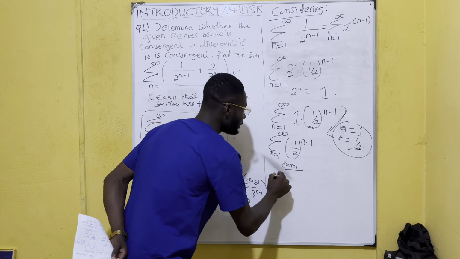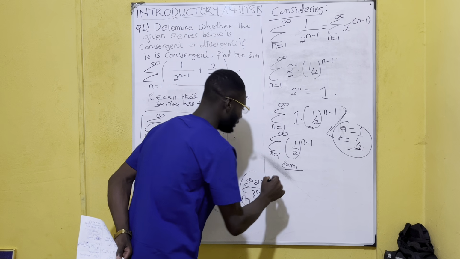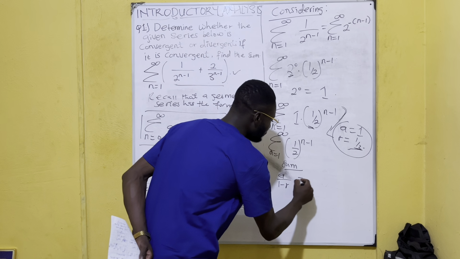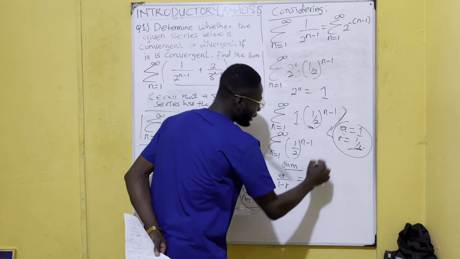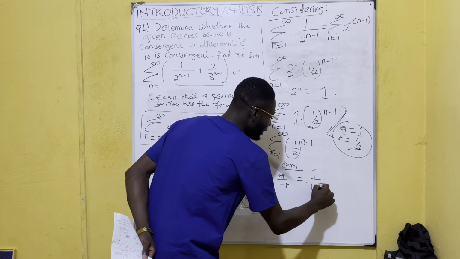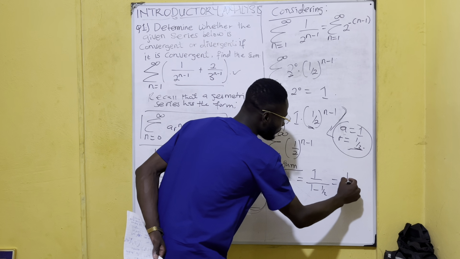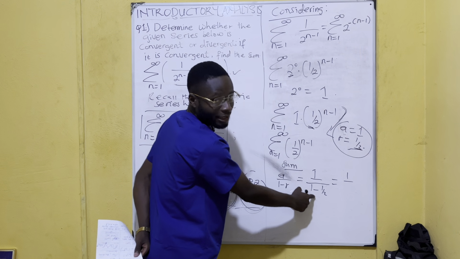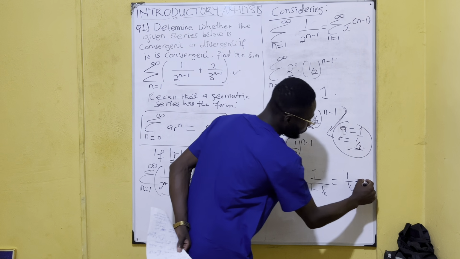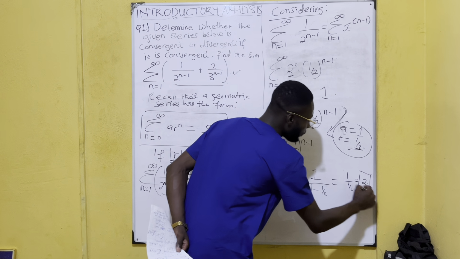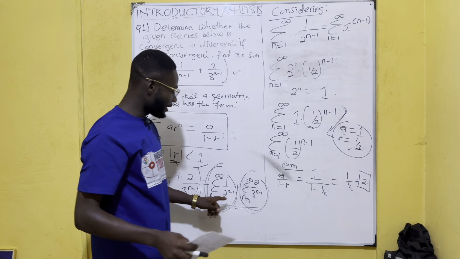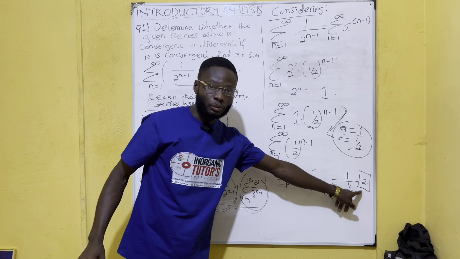We are going to use the geometric sum formula, a over 1 minus r. Our a here is 1, so we have 1 over 1 minus half, which is 1 over half, and this is equal to 2. So we have our first sum to be 2.